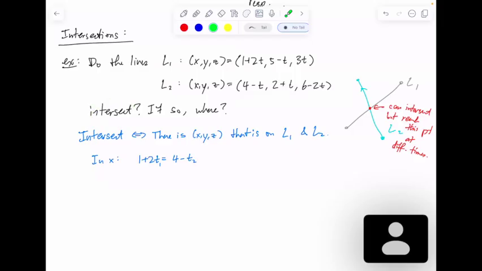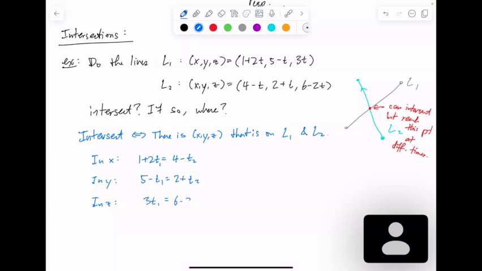I'm just looking at the images of the paths they trace out. So in Y now, I'm looking at the equation 5 minus t1 is equal to 2 plus t2. And in Z, I'm looking at the equation 3t1 is equal to 6 minus t2.